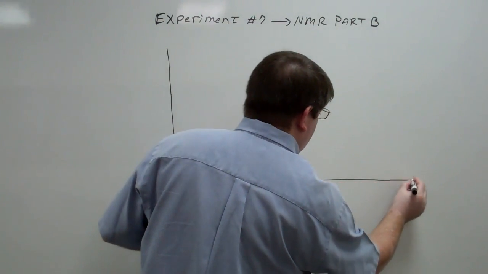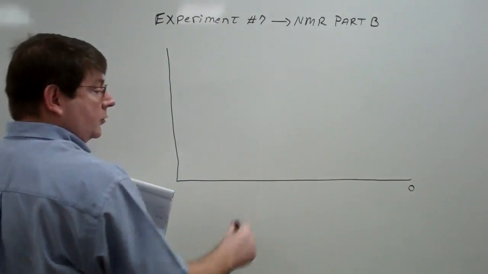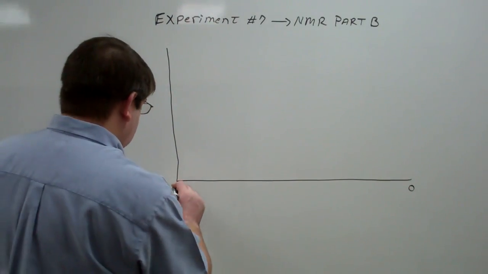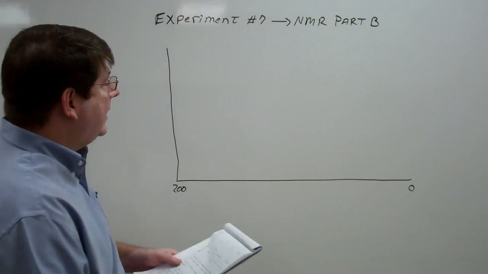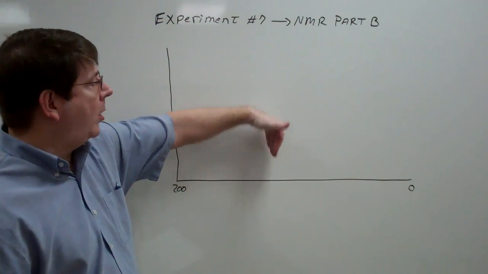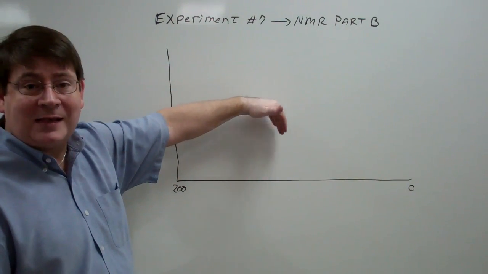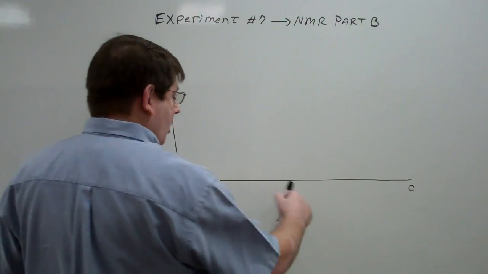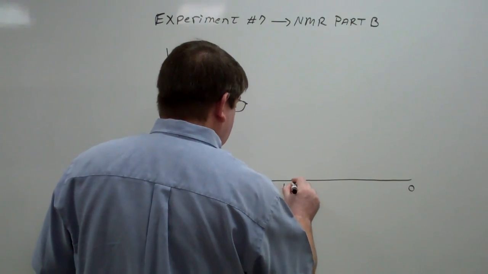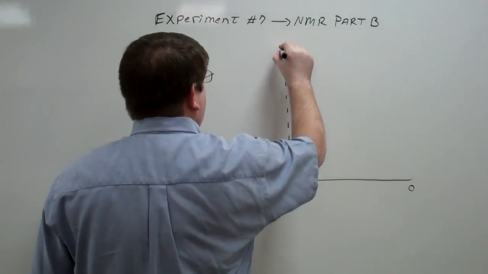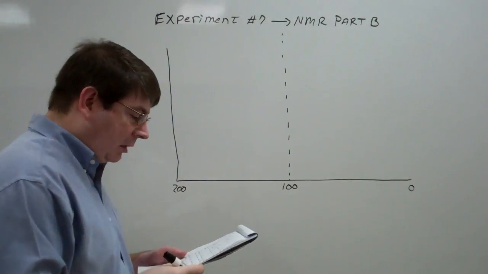So if we look at a typical carbon NMR, again, it goes from about 0 parts per million to about 200. And just like in the proton NMR where we picked the midpoint and drew an imaginary line, we can do the exact same thing in carbon. So we go to the midpoint at about 100, and we're going to draw an imaginary line. Okay?